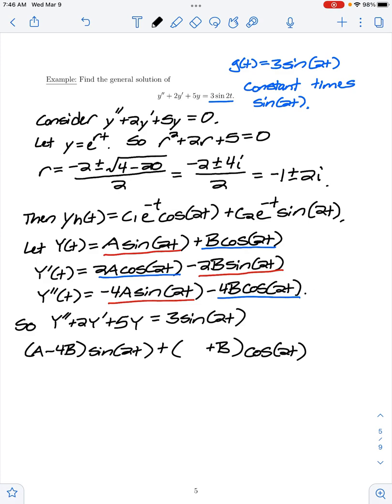And from the first derivative term, 2 times y prime, I get a 4a cosine of 2t. So altogether, 4a plus b times cosine of 2t. And this needs to equal 3 sine of 2t.